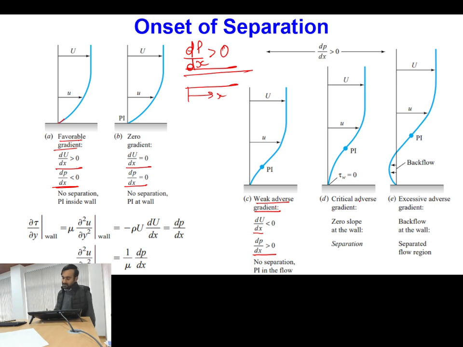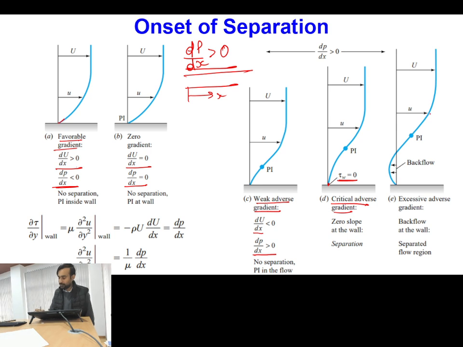But once its value reaches a condition such that my wall shear stress at this point is 0, then after this point, if I go for even a small increase in the pressure gradient, I will actually have flow reversal.